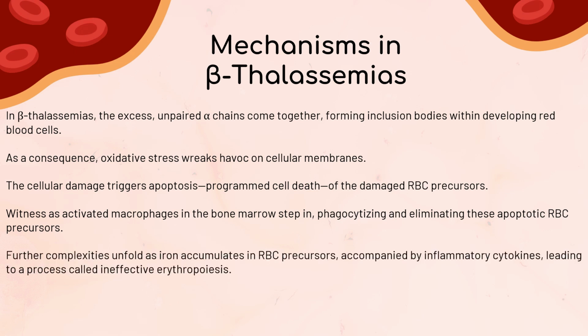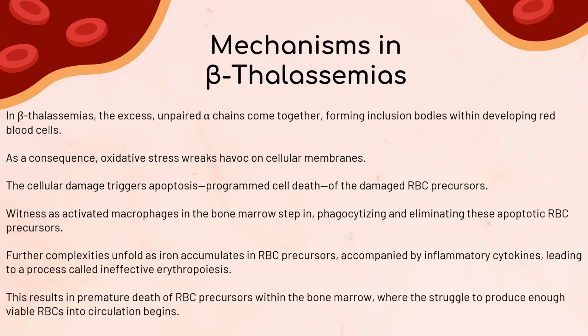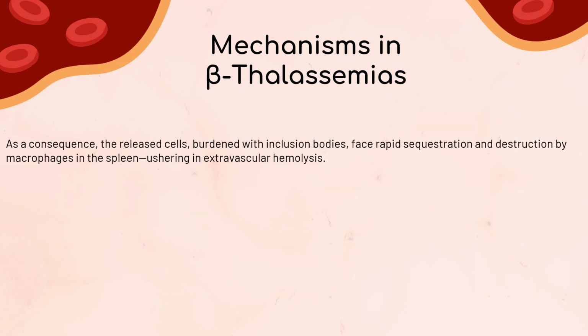Further complexities unfold as iron accumulates in RBC precursors, accompanied by inflammatory cytokines, leading to a process called ineffective erythropoiesis. This results in premature death of RBC precursors within the bone marrow, where the struggle to produce enough viable RBCs into circulation begins. As a consequence, the released cells, burdened with inclusion bodies, face rapid sequestration and destruction by macrophages in the spleen, ushering in extravascular hemolysis.